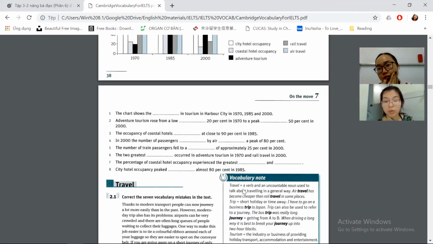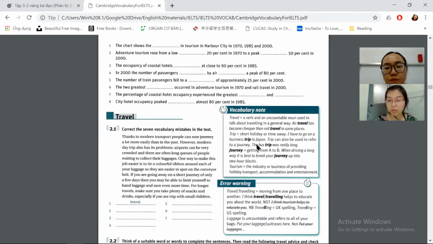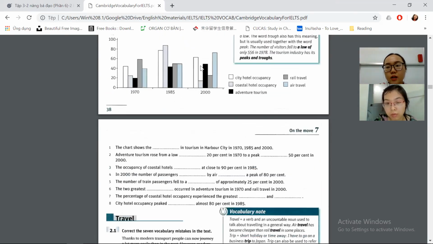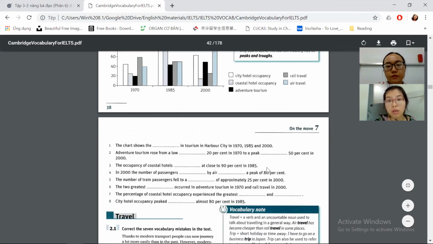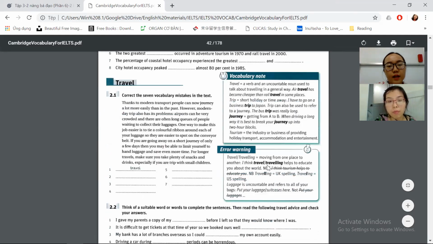City hotel occupancy peaked at almost 80% in 1985. Very good. Do you understand the chart? Yes? Okay, very good.